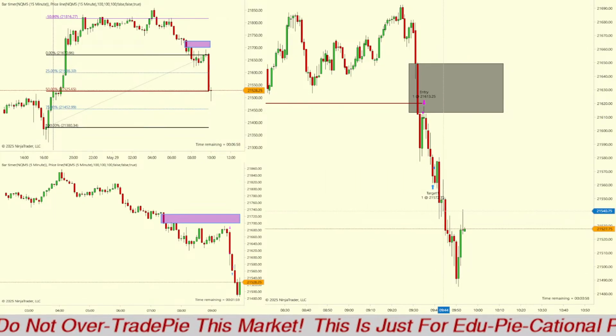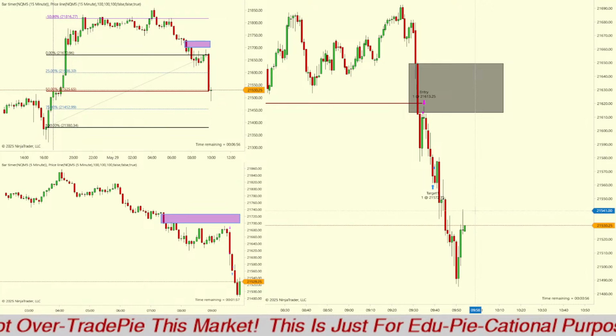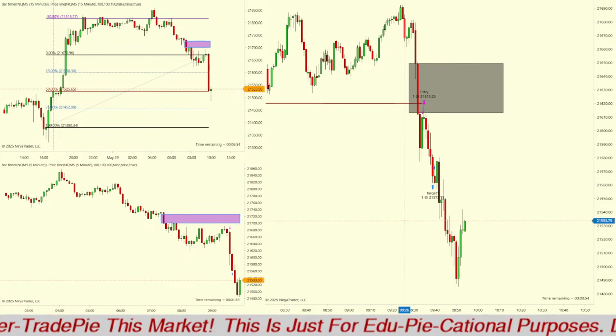So far, the bodies of the candles couldn't close above this inefficiency.